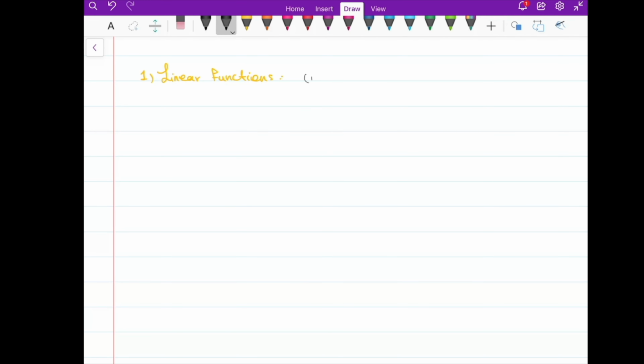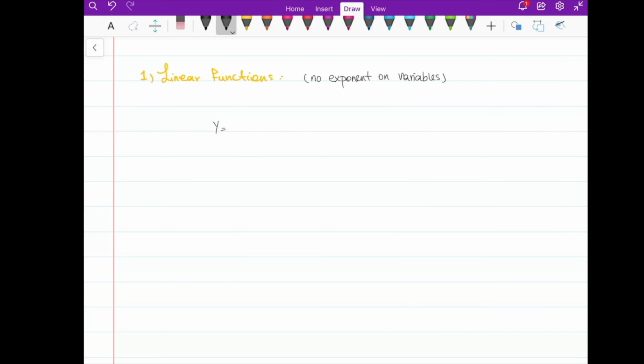It means that we have no exponent on variables. We don't have any fractions on variables. We don't have variables in the denominator. So we have some nice functions.